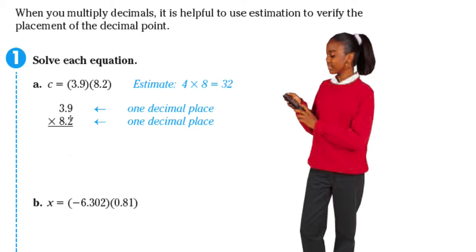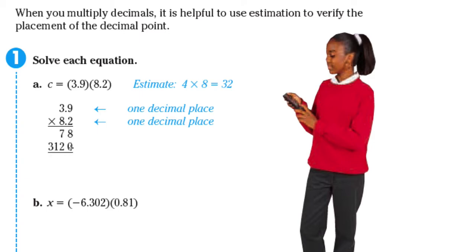If we multiply 3.9 times 8.2, 2 times 9 will give you 18, carry 1, 2 times 3 is 6, it will give you 78. We are disregarding the decimal places until we are done with multiplication, so we're multiplying these two normally as if they're whole numbers. Now we multiply 8 times 9, and we add a 0 first. 8 times 9 is 72, carry 7. 8 times 3 is 24, plus 7 gives us 312.